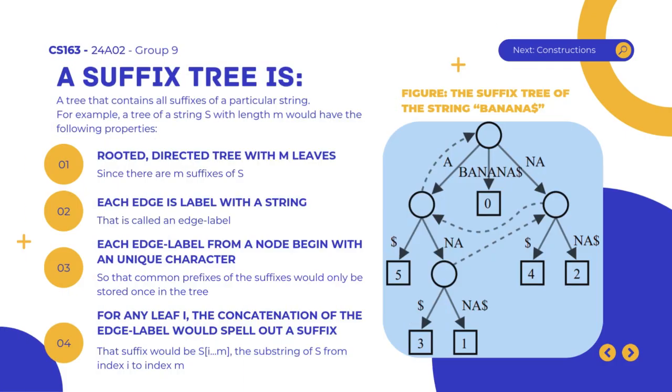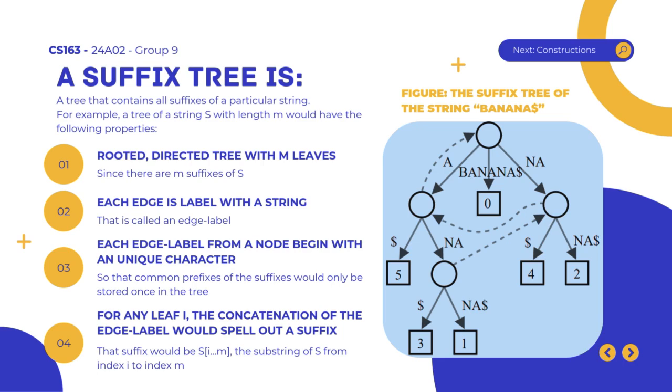A suffix tree is a tree that contains every suffix of a particular string. For example, a string S with length M would have the following properties. The first is a rooted directed tree with M leaves.